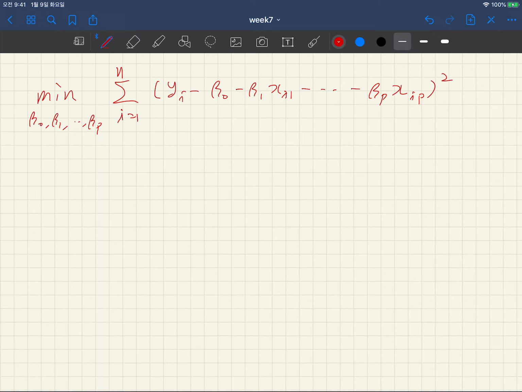So for this purpose, we can include a constraint in this optimization problem. The constraint means the sum of our squared parameters is less than or equal to some constant s.